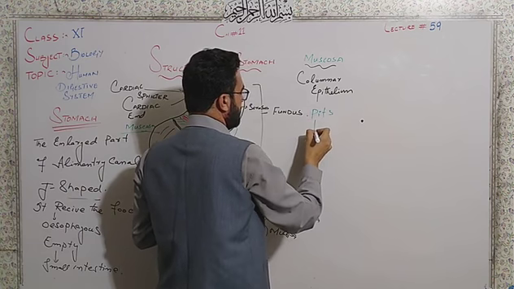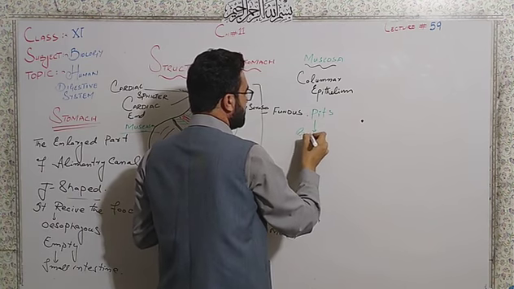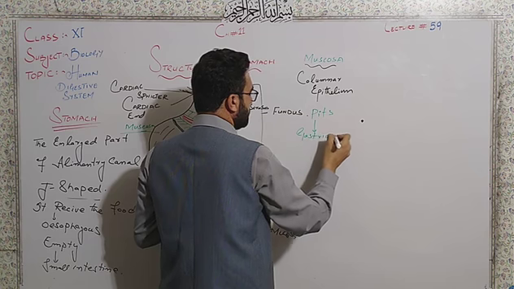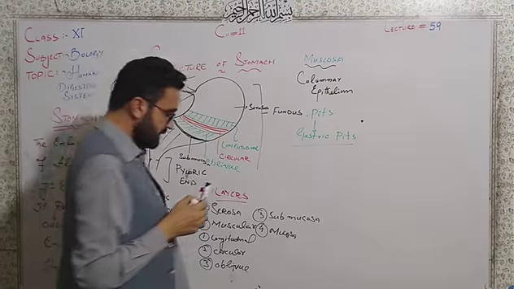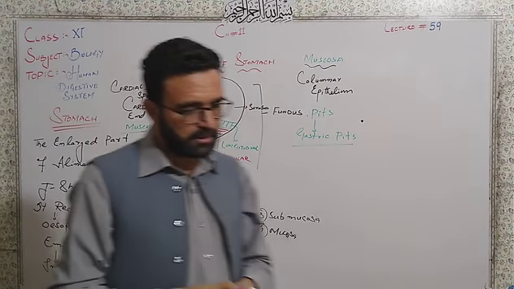These pits are called gastric pits, which consist of some secretory cells, which are as follows.